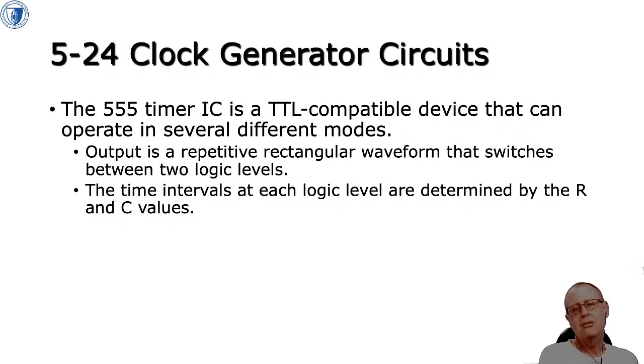It's not as accurate as using a crystal, and I'm not going to talk about using crystals. Most of your computers are definitely running a clock with a crystal. Crystals tend to work at higher frequencies than 555s.